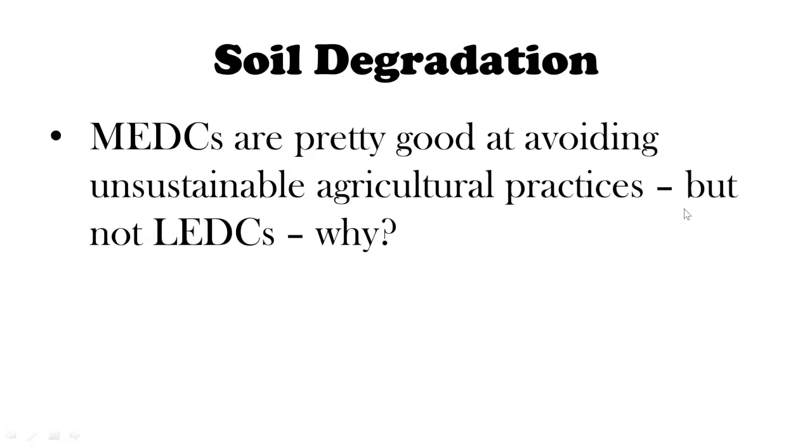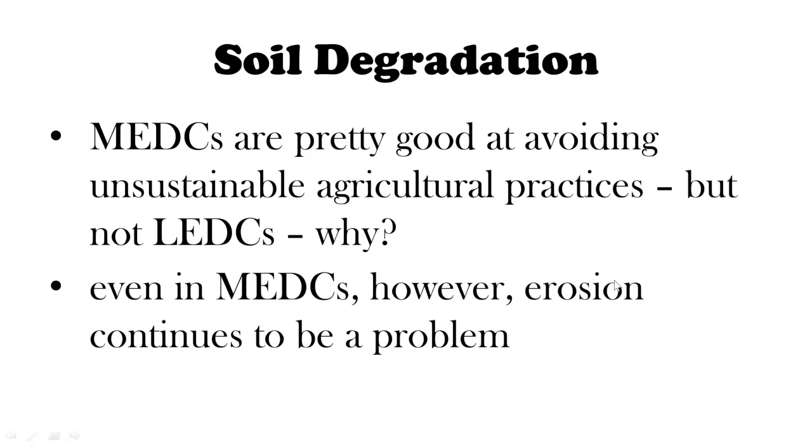We usually employ large-scale industrial agricultural practices, and these large industries have a knowledge of land management that aims for sustainable soil fertility and strives to avoid large-scale erosion. Even in MEDCs, we can see erosion continue to be a problem when we have a combination of warm, dry climate and intense farming practices.